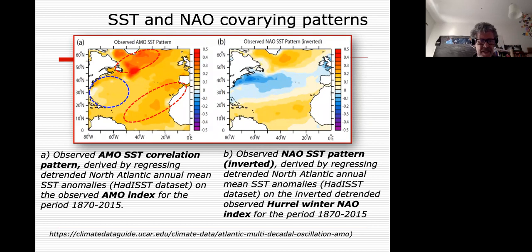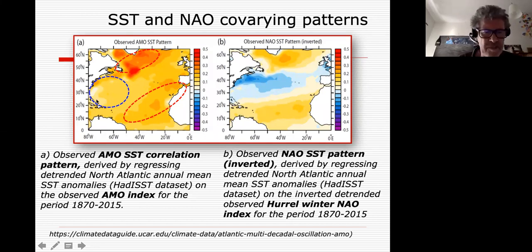Again, this means how much the AMO index is playing in the variability in this area. And that's good. If you look now at the SST pattern derived by regressing the detrended North Atlantic annual mean SST on the inverted detrended Hurrell NAO index for this period, the same period, well, we obtain a similar pattern.